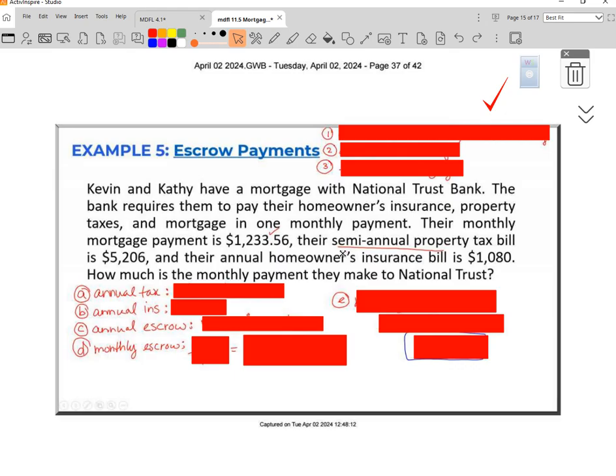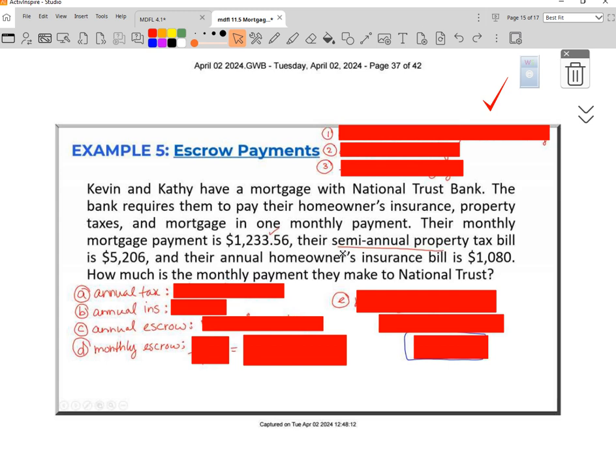Semi, they pay every half year, which means 2 times a year, they're going to pay $5,206 for property taxes, and their annual homeowner's insurance bill is $1,080. The question is, what is the monthly payment that they have to pay to their bank every month?